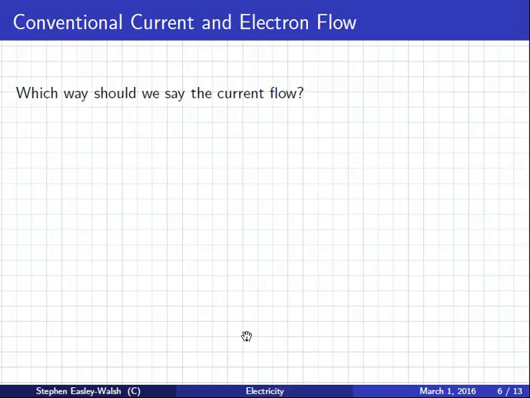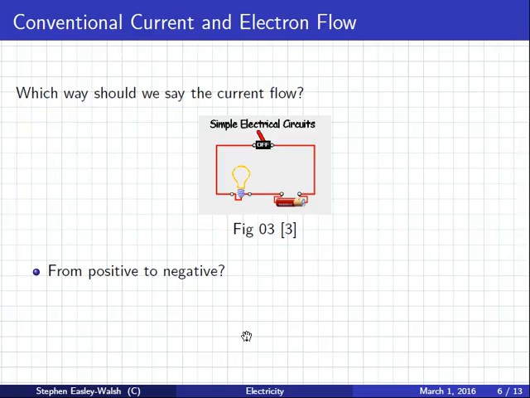Which way should we say the current flows? So imagine here, the old way or the new way? We have a simple diagram here: a light bulb, a switch, and a battery, an AA battery. I don't think you can see it here, but you probably know from using batteries, this side has a positive sign on it, and this side has a negative.